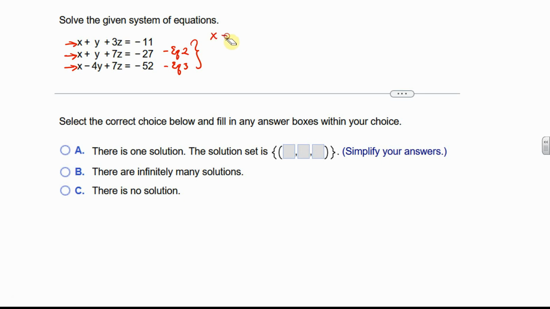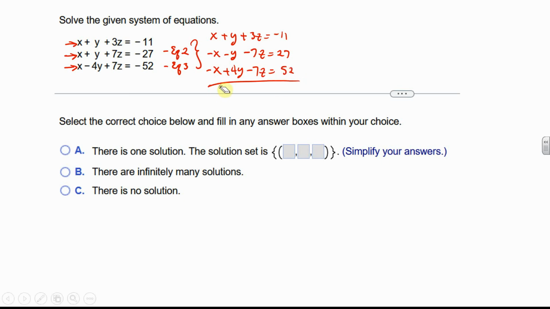So here I have x plus y plus 3z is equal to negative 11. Then I negate: negative x minus y minus 7z is equal to 27. And then this is negative x plus 4y minus 7z is equal to 52.